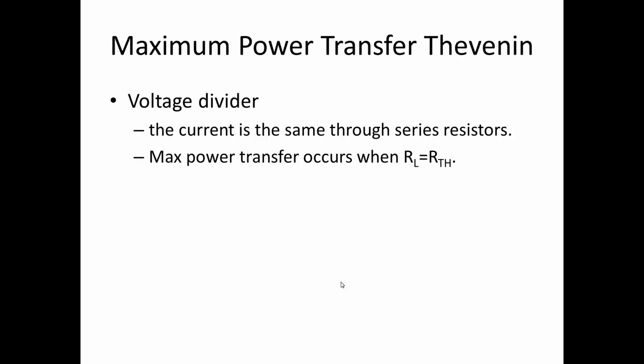Now, this leads into maximum power transfer, which is easy to see with a Thevenin equivalent or even a Norton equivalent circuit. So when we're talking about maximum power, a Thevenin is really just a voltage divider.